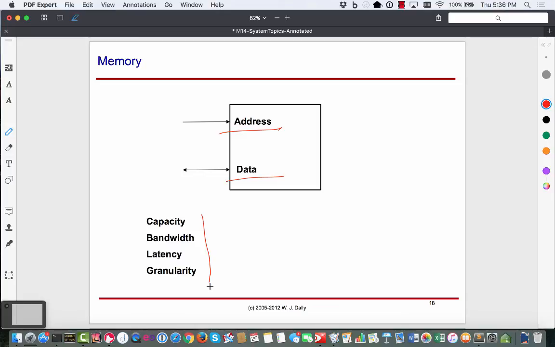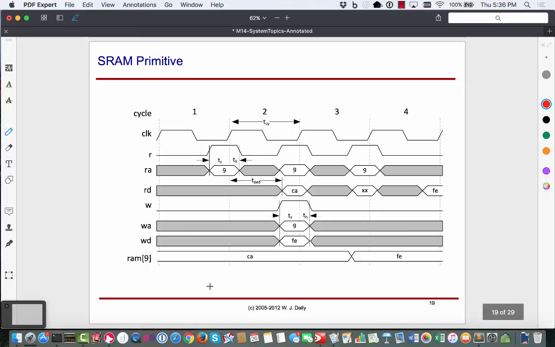But the thing I wanted to point out was that probably the most common form of memory that you would encounter on chip, besides your flip-flop, is going to be SRAM, which stands for static RAM. And that's the fastest form of memory conventionally that we use.